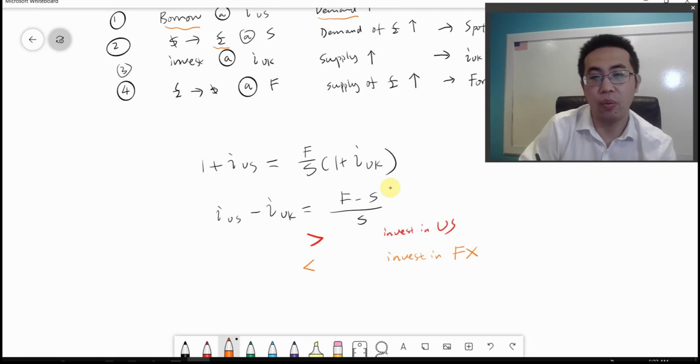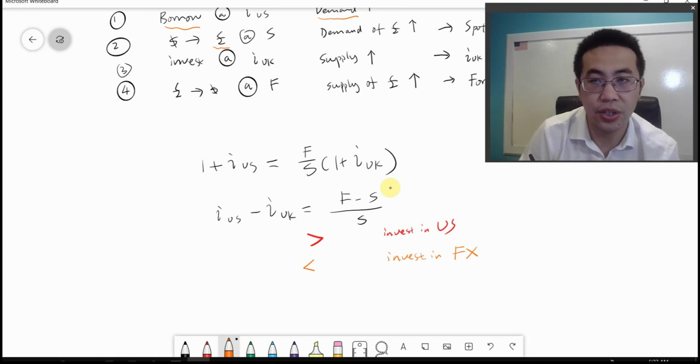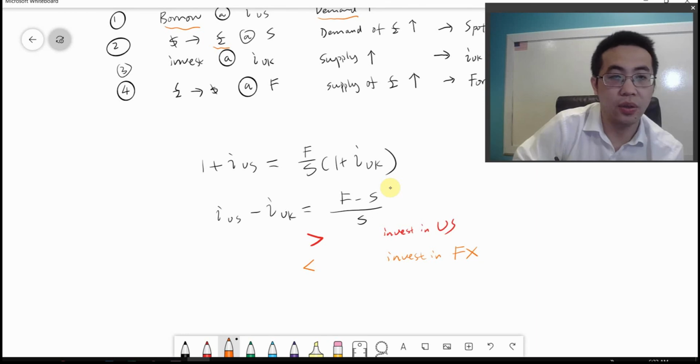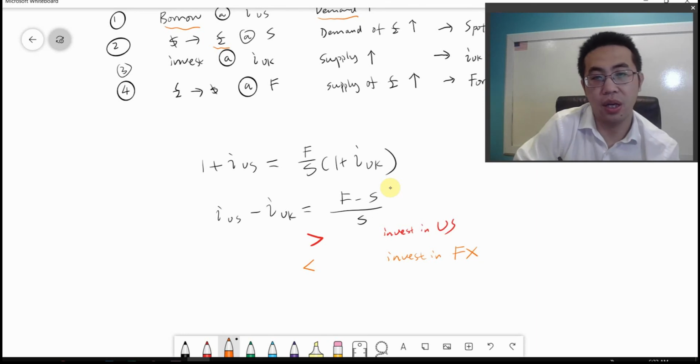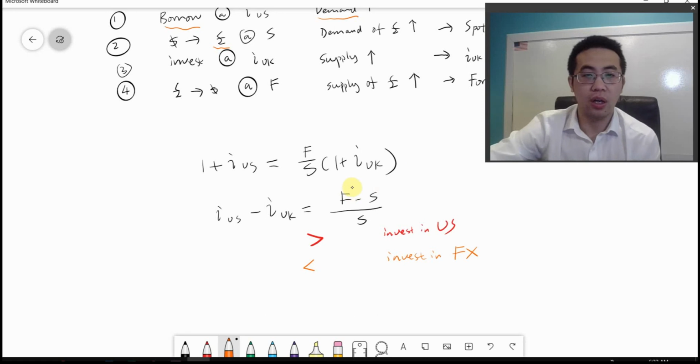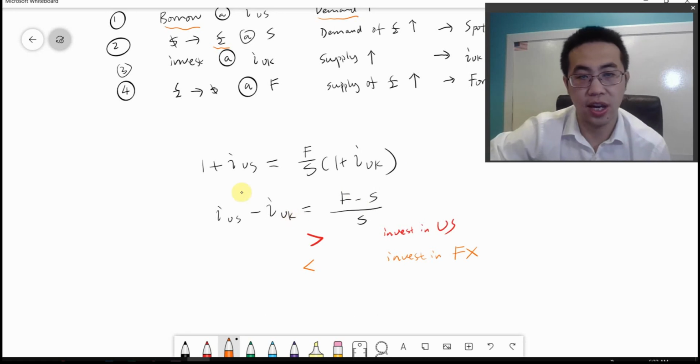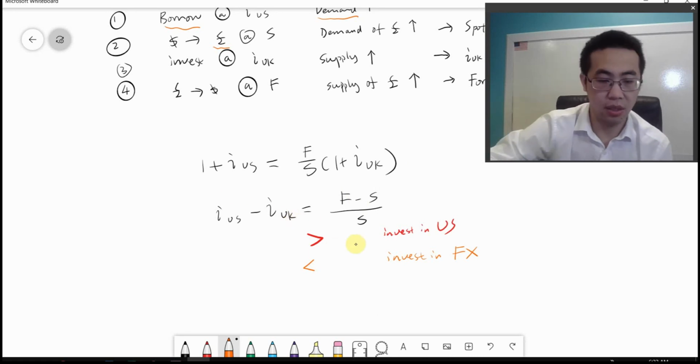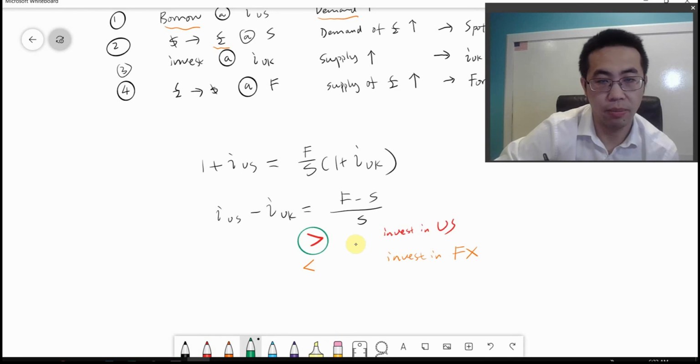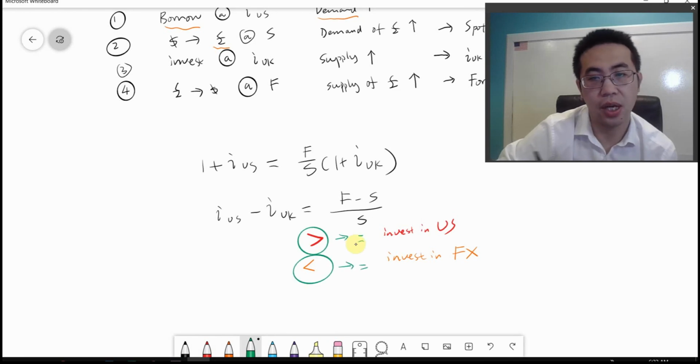And no matter which direction the international capital flows, the result is always a return to equilibrium. All the four rates here will change and eventually push the disequilibrium back to equilibrium. So this will be pushed back to equilibrium, and this will be pushed back to equilibrium.